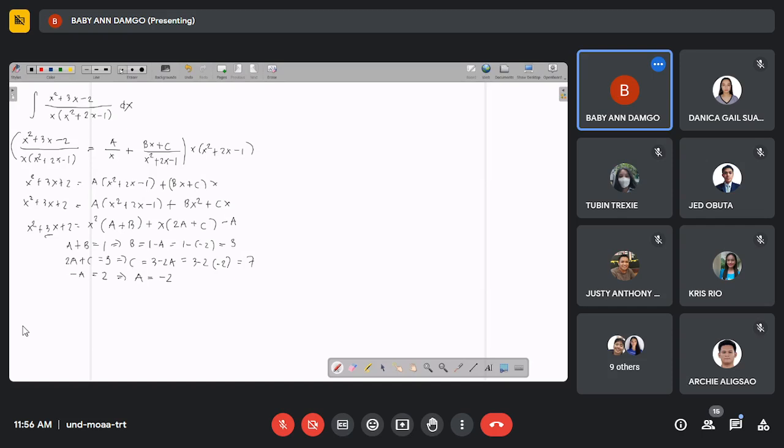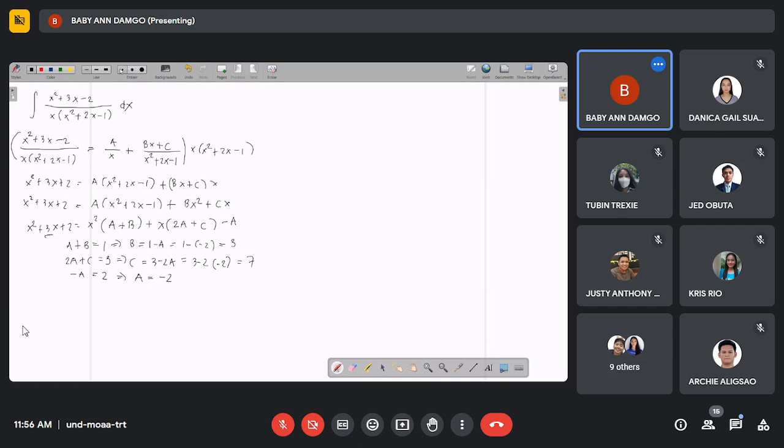Okay, so simplify, we have 2 dx over x minus the integration of x plus 1 over x squared plus 2x minus 1 dx. I factored out the negative, class, and then we have the result, so na positive siya. Okay?